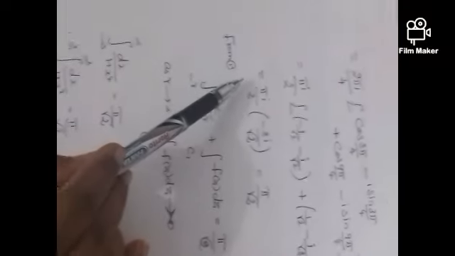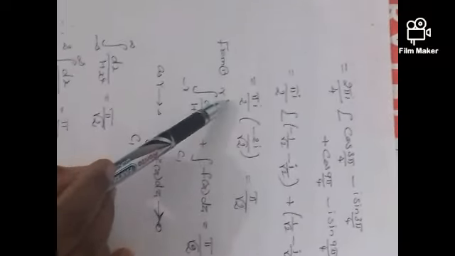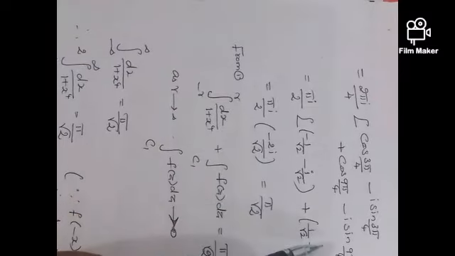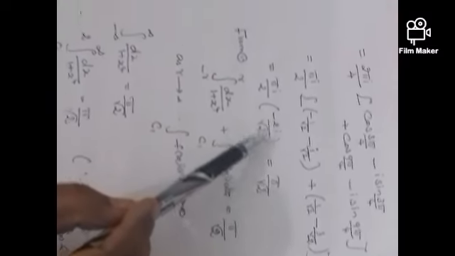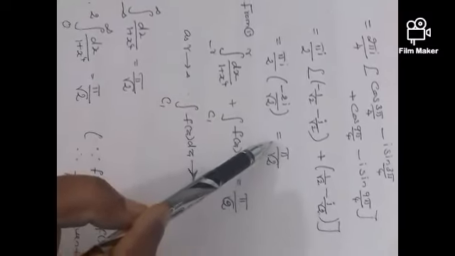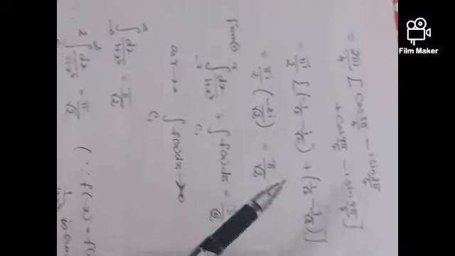Simplifying, cancelling terms, pi i by 2 into minus 2i by root 2, this equals pi by root 2.